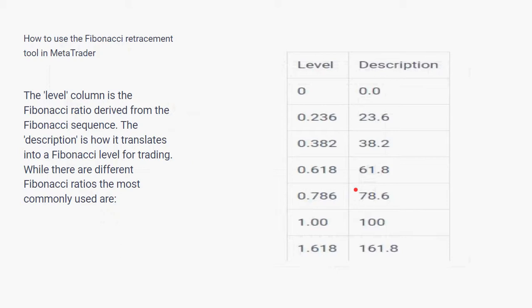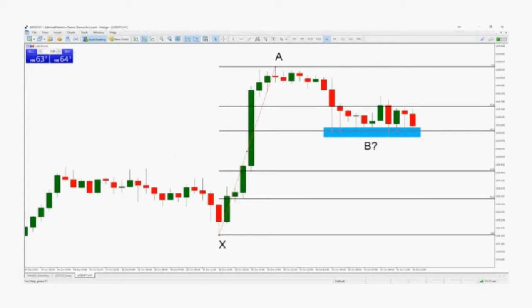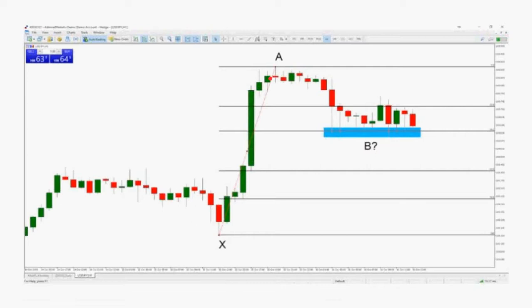Now, let's look at how to plot Fibonacci levels onto your chart and what they actually mean. So, let's learn how to draw Fibonacci retracement levels in an uptrend. The first thing you need to do is to find the X point and the A point, which is one big cycle or wave higher.